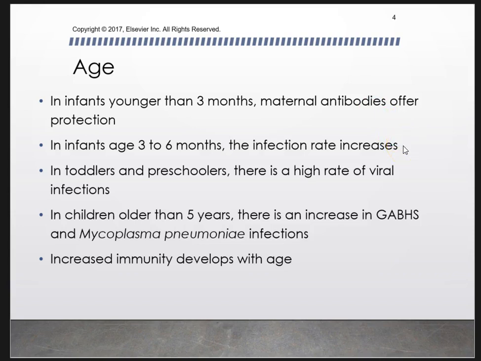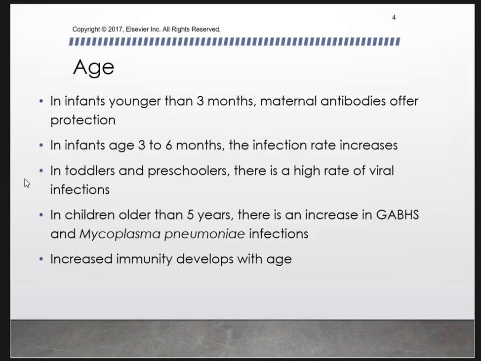After that, when the maternal antibodies essentially go away and now the infant is relying on its own immune system, we're going to see that infection rate increase, particularly from that 3 to 6 month range when their system is essentially starting over.